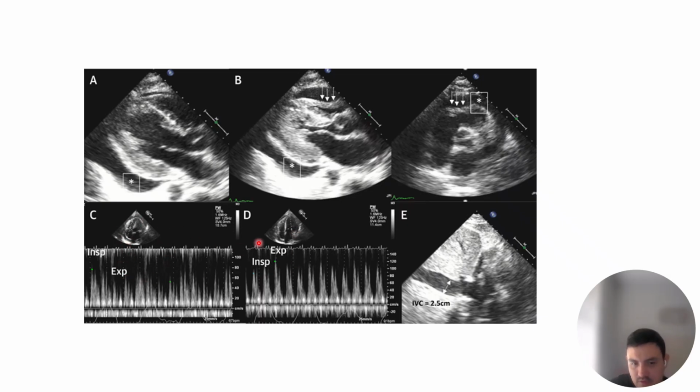Usually it's not done most of the time. Why? Because when you have this specific sign, you have to drain this fluid. So an inferior vena cava more than 2.1 without 50% respiratory collapse is a pretty sensitive sign that you may have a cardiac tamponade.